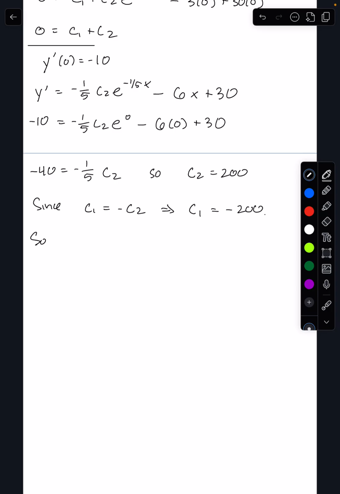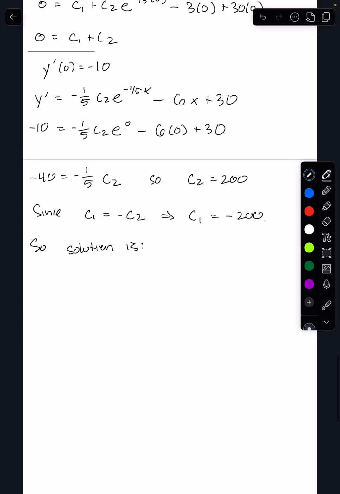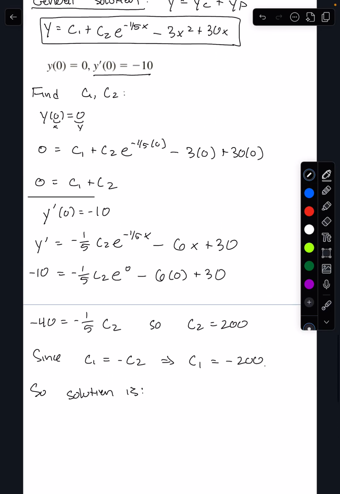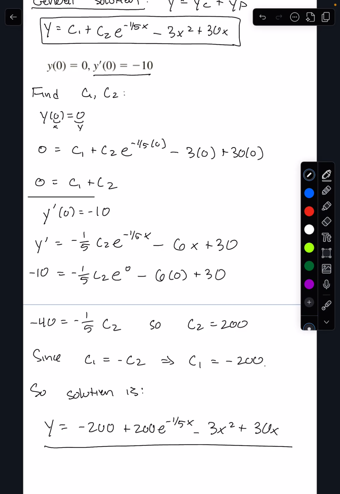So for our solution, we get that by putting C1 and C2 back into our general solution. So y is equal to negative 200 plus 200 e to the negative 1/5 x minus 3x squared plus 30x.